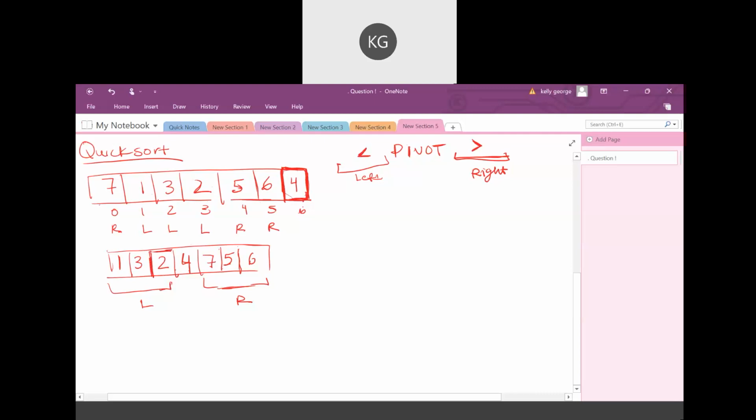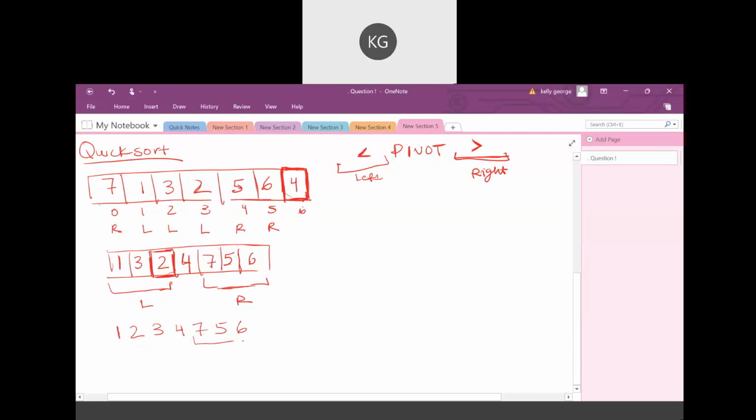We're going to pick 2 to be our pivot, and now we're going to rearrange the left side. The 1 would be to the left of the 2, and the 3 would be to the right of the 2. So now we have 1, 2, 3, 4, 7, 5, 6. So now we did the left side of the array.